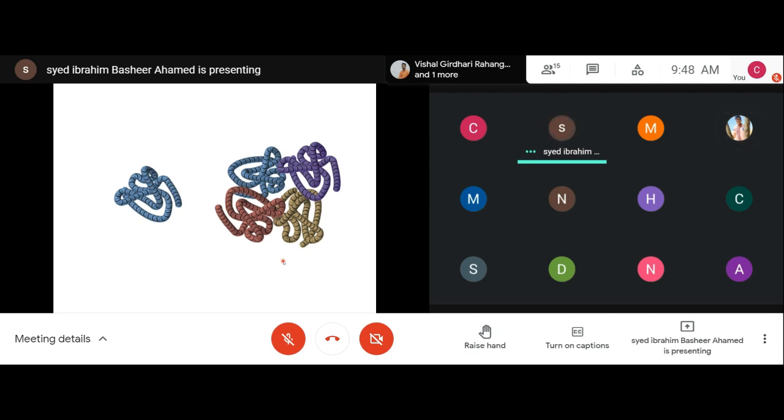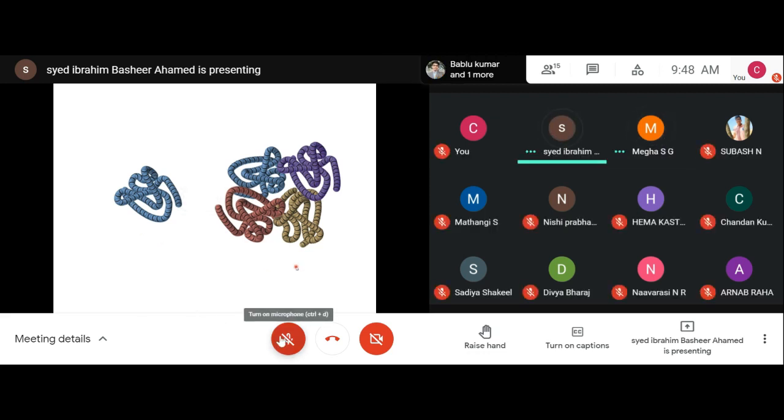Anybody else? I'm asking whether you know the name of the protein. Sir, is it hemoglobin? The second one, I think, is hemoglobin. So this is hemoglobin.